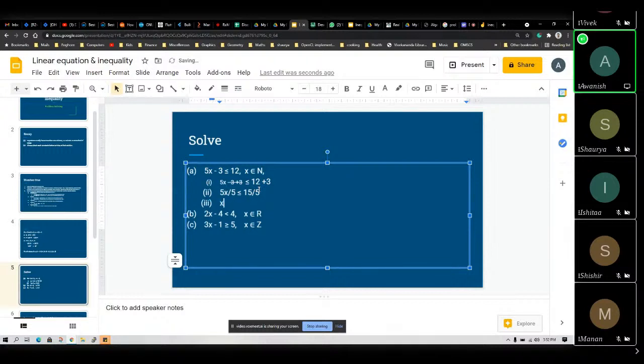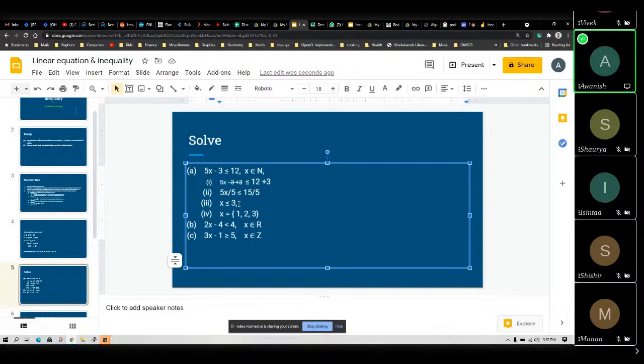So x is less than or equal to 3. And we already know x belongs to natural numbers. That means x equals 1, 2, and 3. Is this okay? Yes, sir.